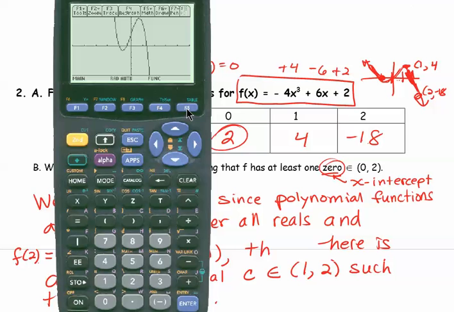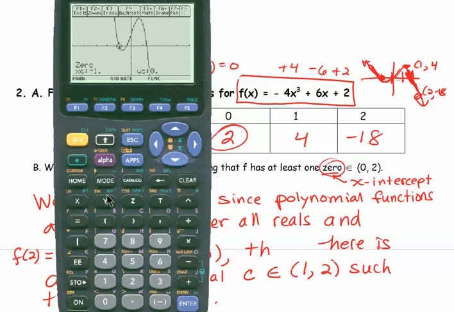So under F5 Math, choice 2 will calculate zeros for us, but your calculator isn't very smart. So when you say find a 0, it's asking you which one. So you have to move your cursor to the left side, so you've got to give it a lower bound. So I get to the left side of my x-intercept and hit enter, and now it's asking to move to an upper bound. So I use the right cursor to get to the other side, and I hit enter.